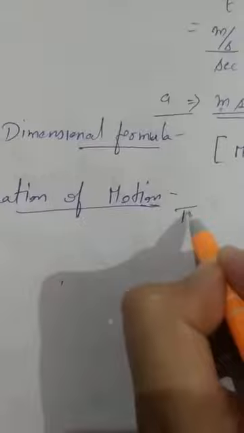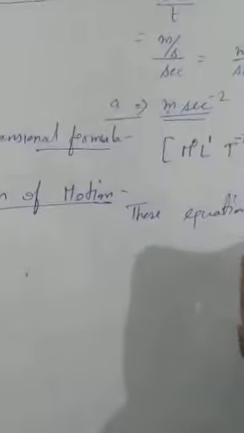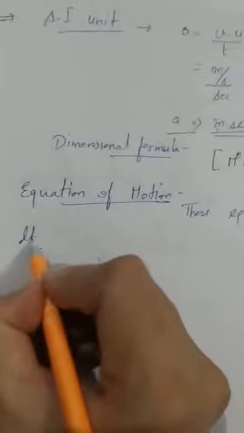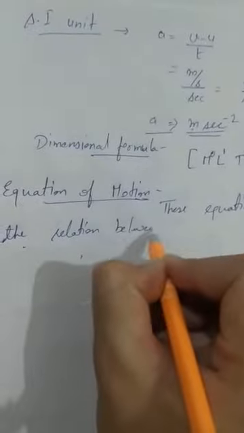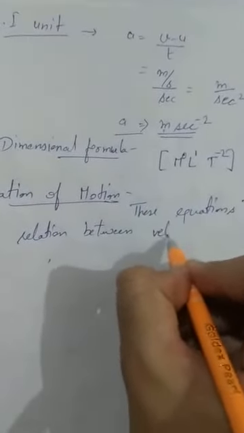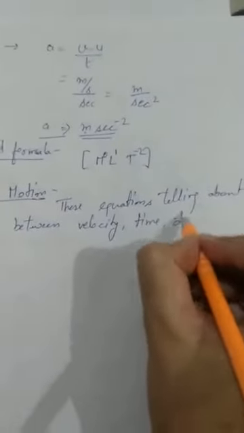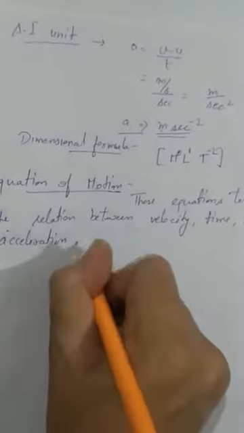These equations tell about the relation between velocity, time, distance, acceleration. All these different terms are explained by using the equations of motion.